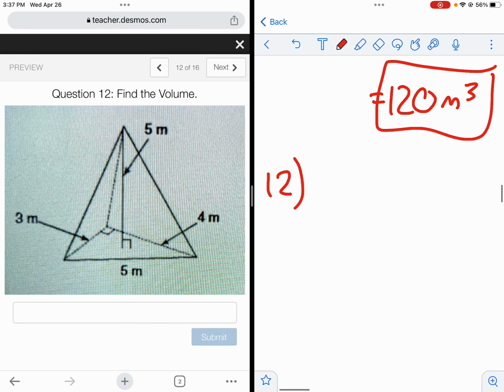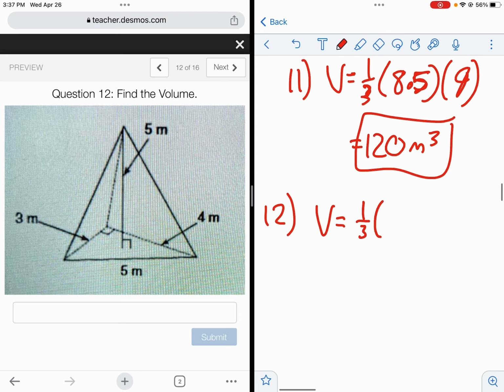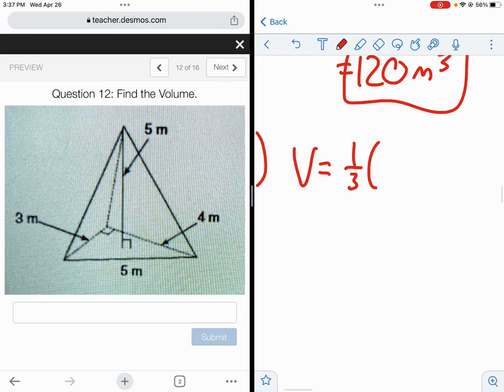Number 12. Find the volume of this pyramid. Volume is equal to 1/3 area of the base. What's the area of the base? It's a triangle. It's a triangular pyramid, right? So I have to do 1/2 times 3 times 4. That's the area of my triangle, right?